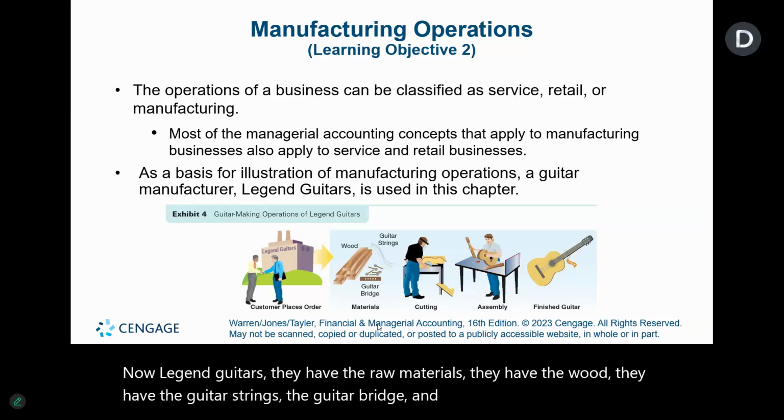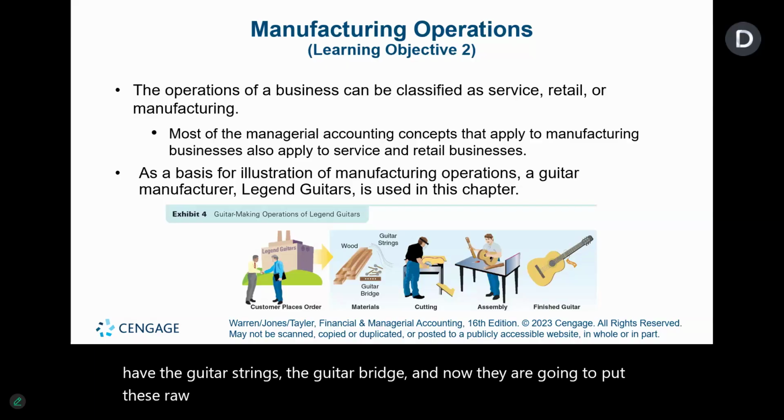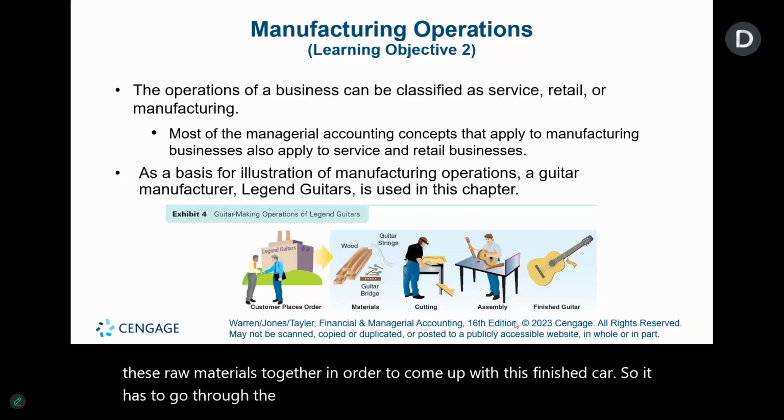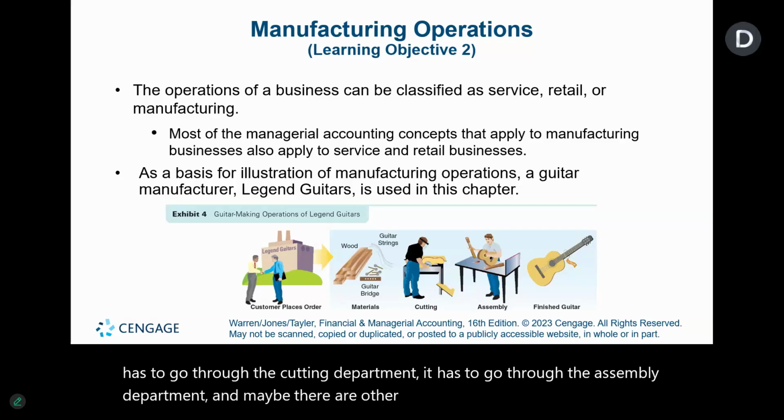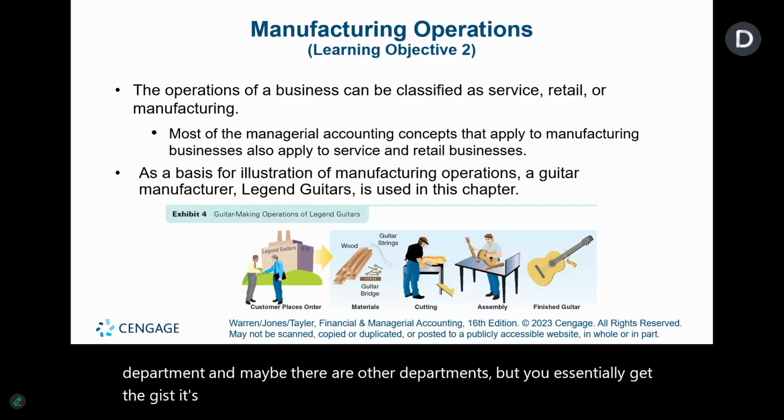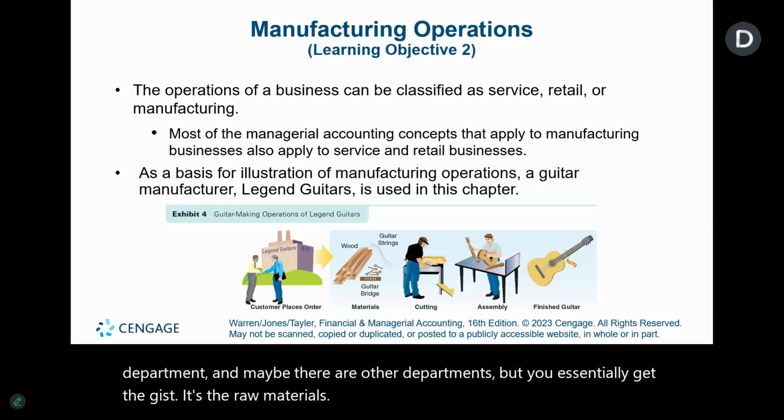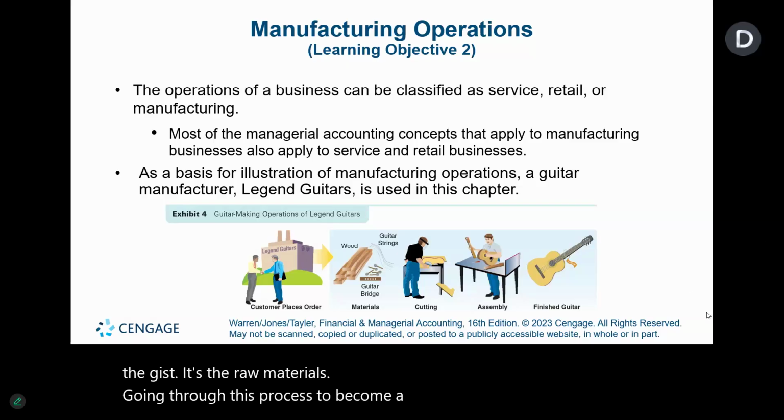They are going to put these raw materials together to come up with the finished guitar. So it has to go through the cutting department, and it has to go through the assembly department, and maybe there are other departments, but you essentially get the gist. It's the raw materials going through this process to become a finished guitar.